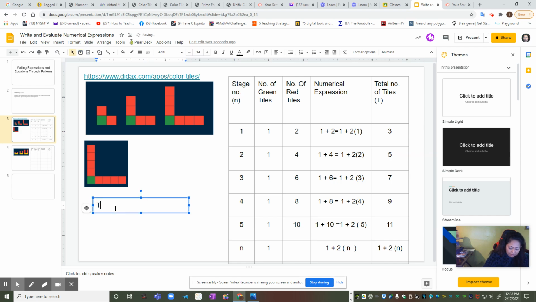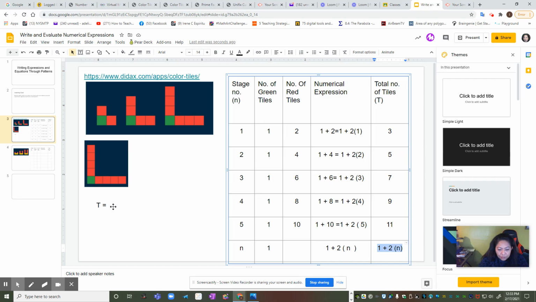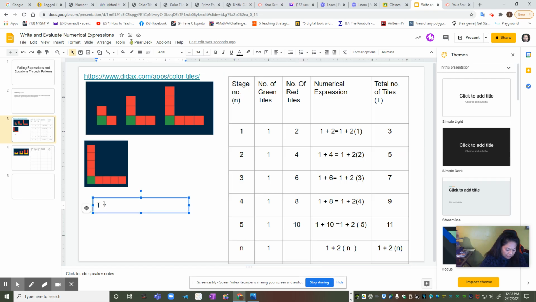So t, in order to determine the number of tiles for any stage number, then t will be equal to whatever expression we have at the bottom, which is 1 plus 2 times n.